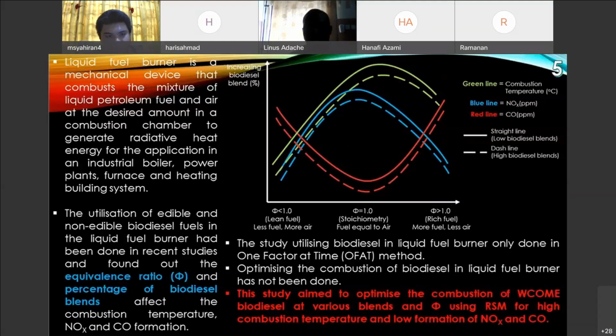As the combustion progresses further, the combustion temperature will reach its peak before dropping, NOx will also drop, and CO will increase to a higher value. As for the biodiesel blend, a low blend will have high values of combustion temperature, NOx and CO, while a high biodiesel blend will produce lower values.